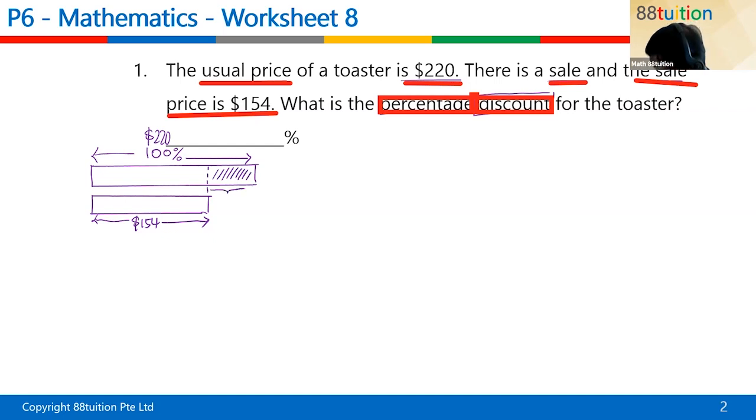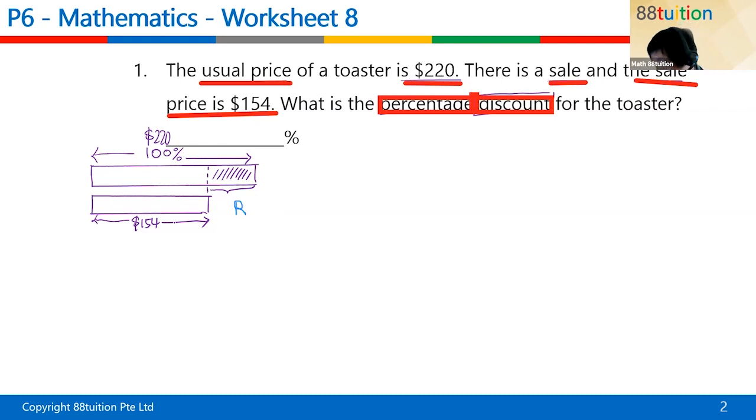Jaden, can you help me to write the word here? Jaden, are you here? What do I call this little box here? If there's 220 as a full price, which is called the usual price, and the sale is 154. What does R stand for?